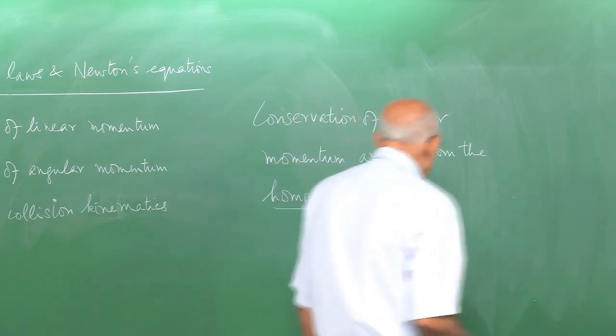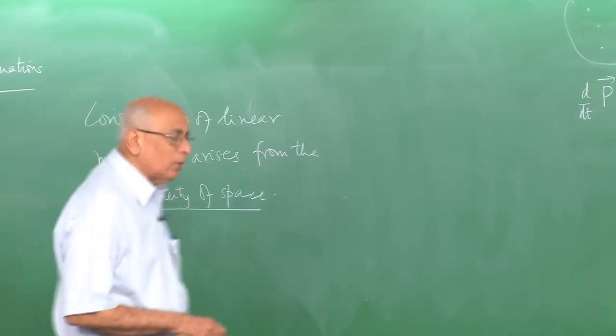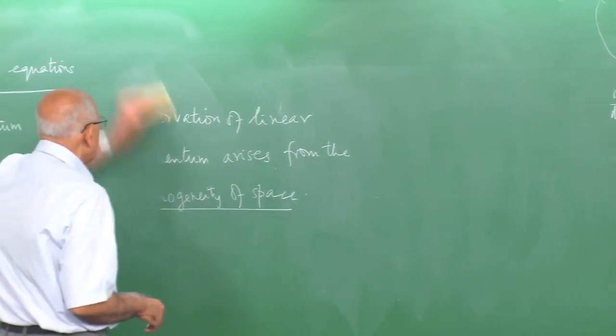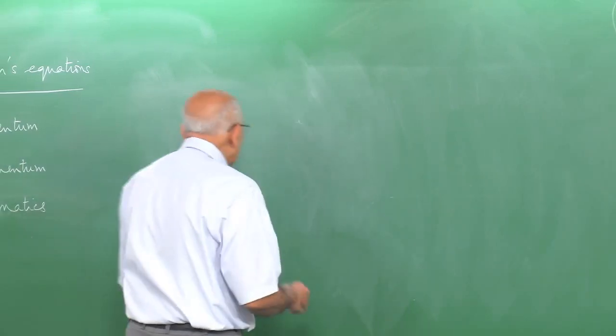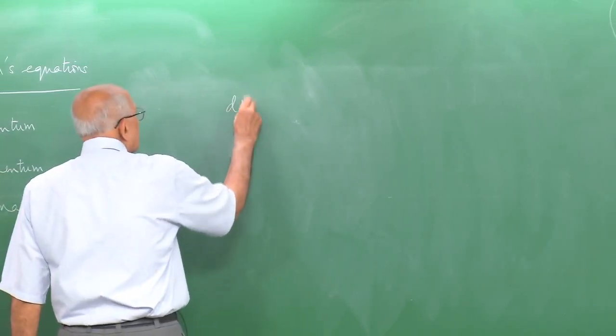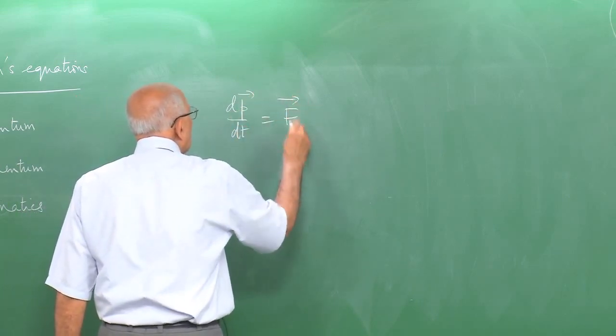Okay. Now what about angular momentum, conservation of angular momentum? Where does that come from? Well, let's go back and look at what happens to Newton's law for a single body, which was dp over dt equal to the force on one body.